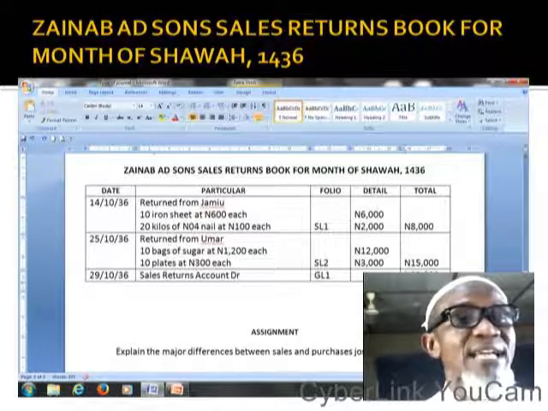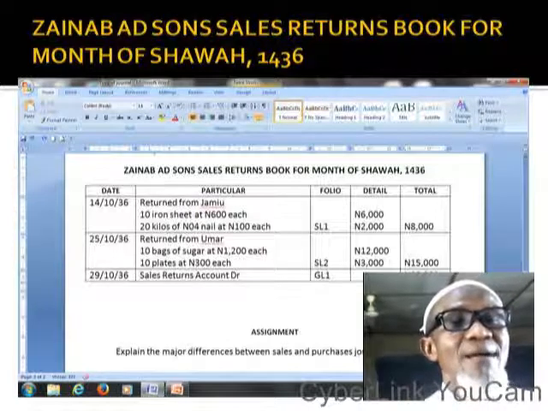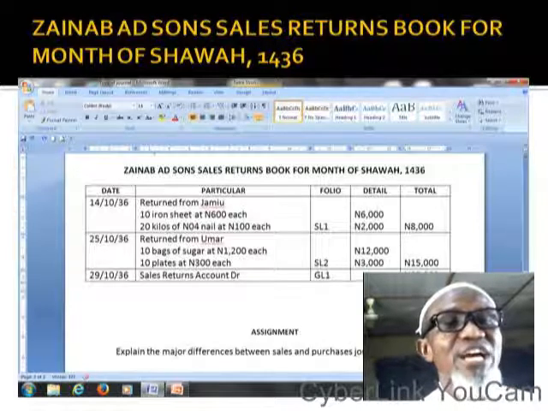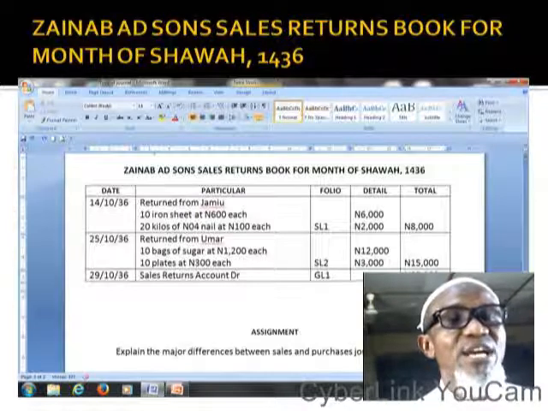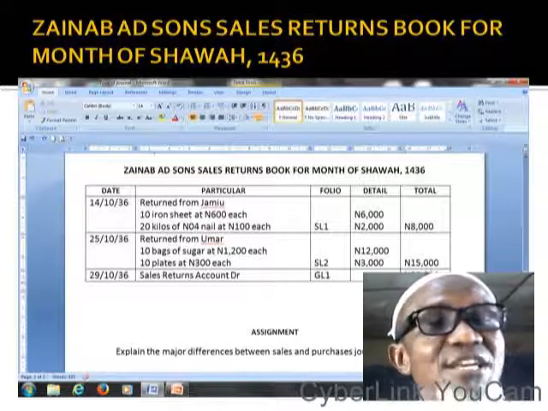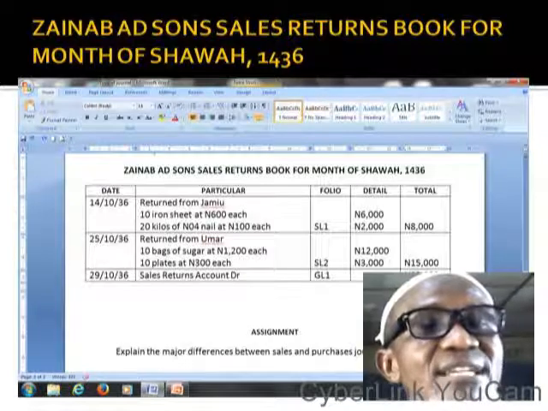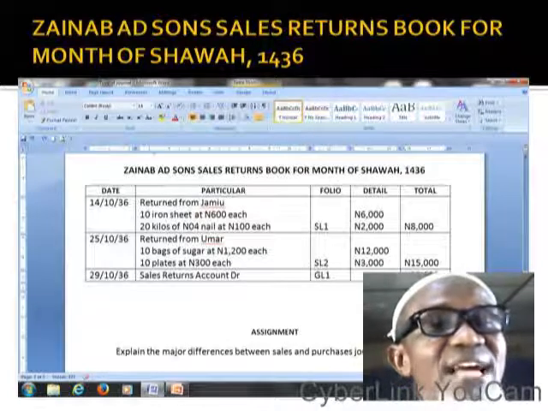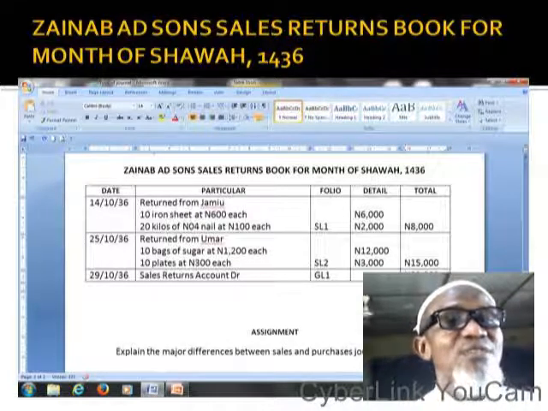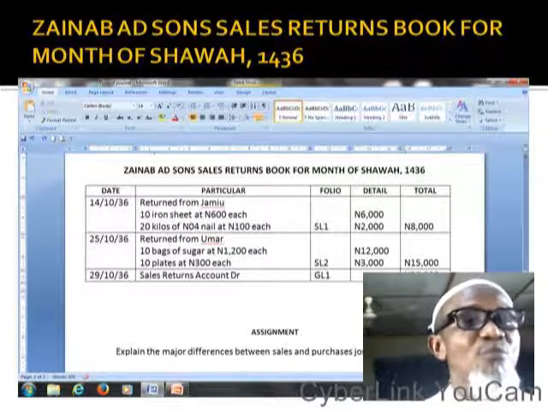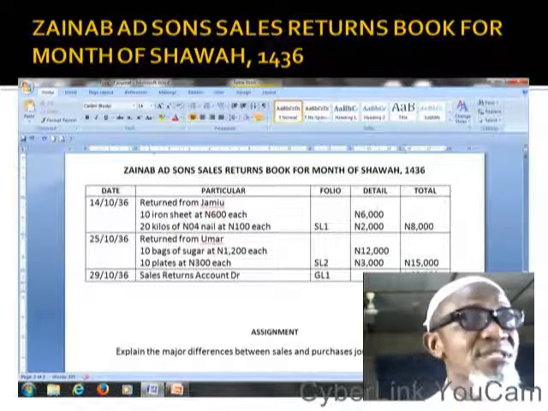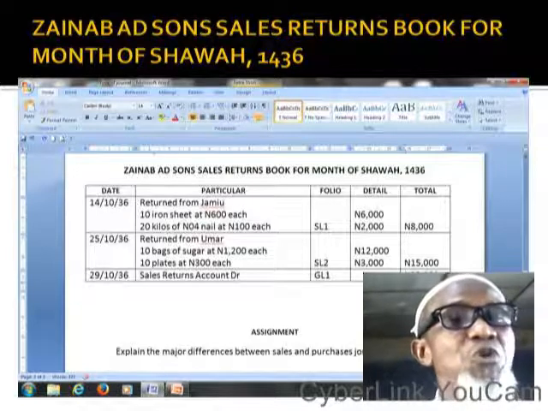It will give you 12,000 naira. Umar also returned 10 plates at 300 naira each, meaning each plate costs 300 naira. Multiply 10 by 300, so the total is 3,000 naira. To sum up the total goods returned by Umar, you add 12,000 plus 3,000 naira.